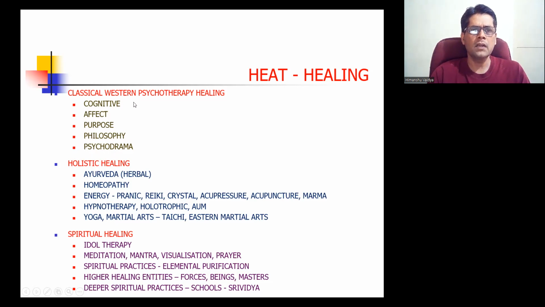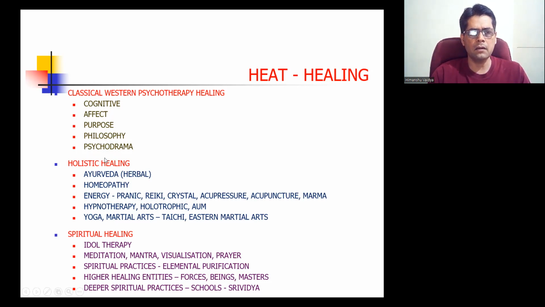These are some of the broad approaches. I should add here behavioral therapy. Forgot here. Behavioral therapy. So these are the broad approaches in the Western psychotherapy area. We can choose any of them or a combination of them in HEAT.